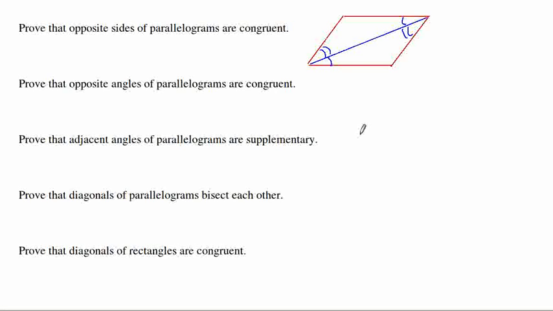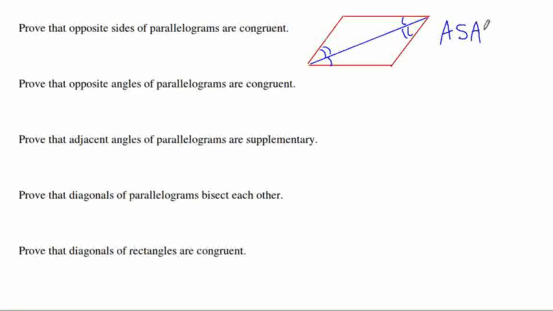All right. Now, notice that the two triangles I've drawn must be congruent because of the ASA theorem. Both triangles share the diagonal as a side, so therefore we know that they have a pair of corresponding sides that are congruent, as well as two pairs of corresponding angles.